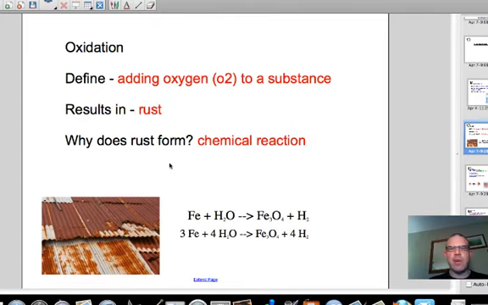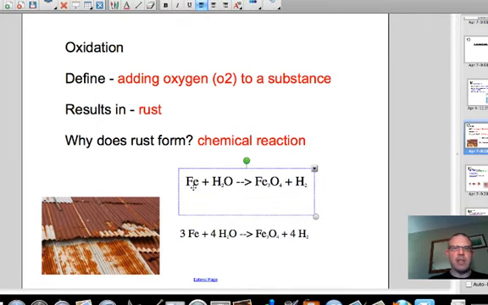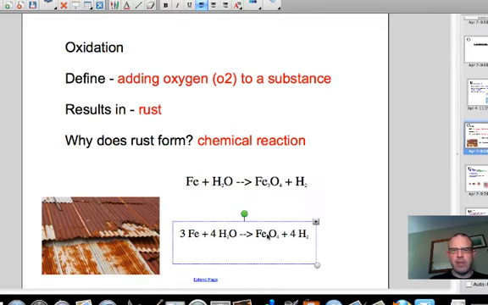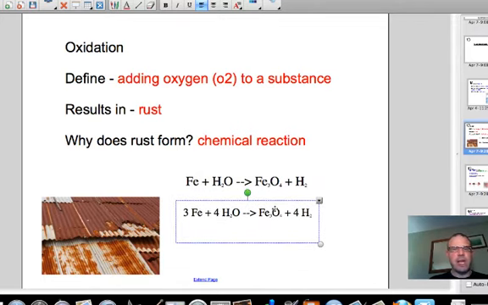Because we're forming a chemical reaction. So the simple version of that is iron plus water gives us iron oxide and hydrogen. If we balance that equation, and some of you will be seeing this next year in chemistry, we have 3 iron plus 4 water gives us iron oxide and 4 hydrogen atoms.